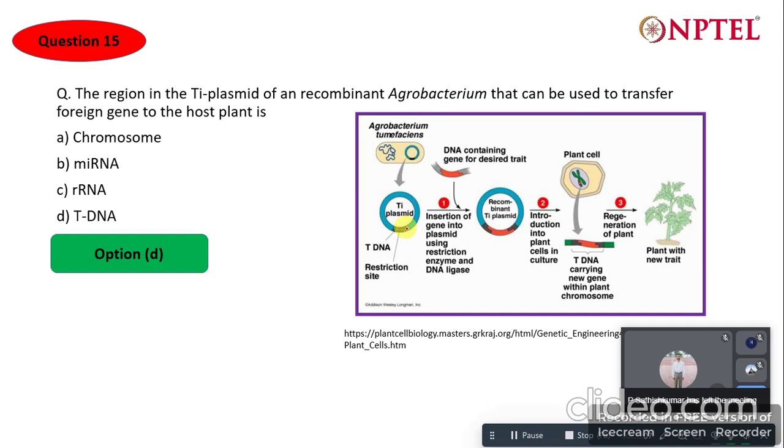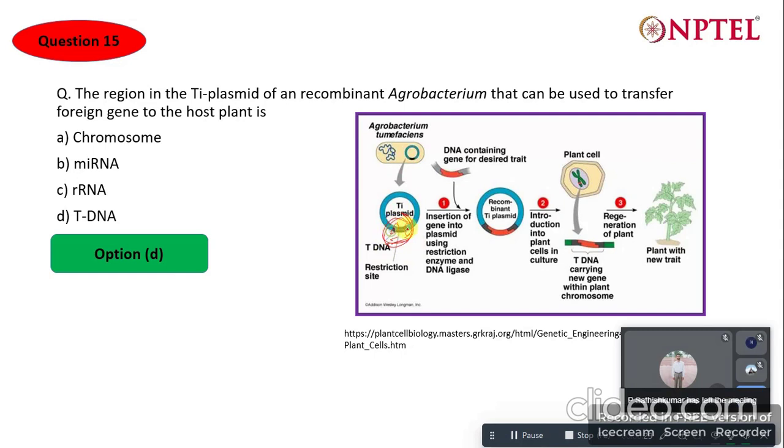It sends only the tDNA region, and the tDNA is surrounded by two borders, the left border and the right border sequence. So how does the bacteria recognize that only tDNA has to go inside the plant?